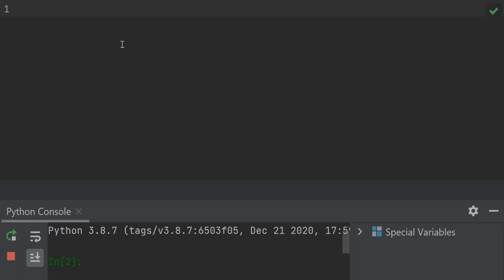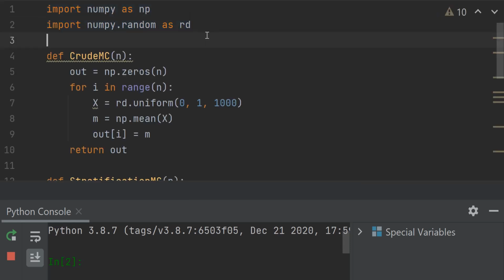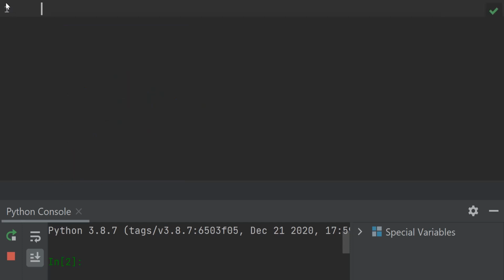Okay, here I'm back. I will now show you that this actually gives a reduction in variance compared to just using crude Monte Carlo. So I have created this file where I've written some code, and I will just go through it piecewise.